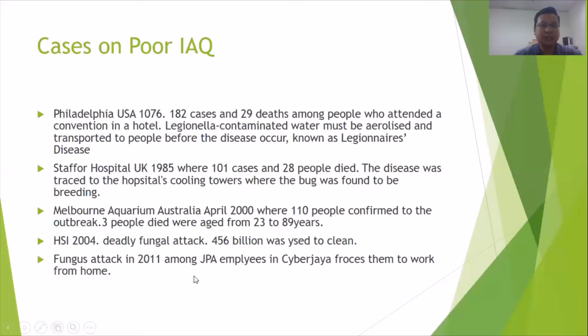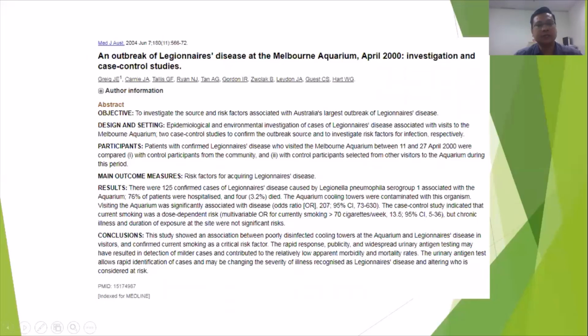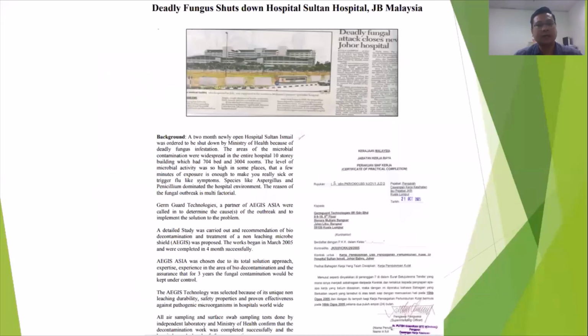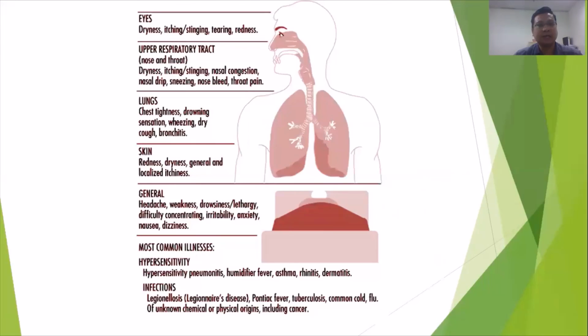From these we learn, report, and propose something new to improve the air quality. These are examples, case by case. They affect the eyes, lungs, skin, and the body in general.